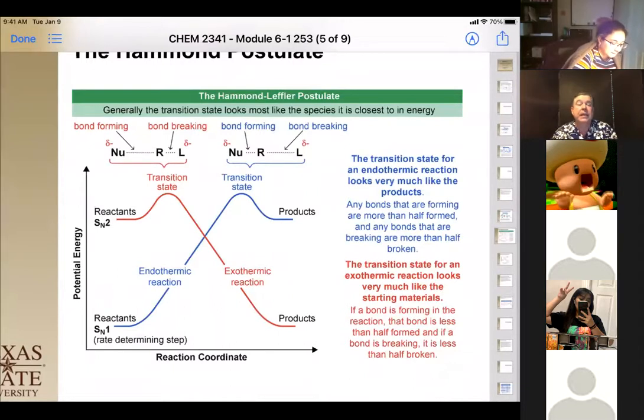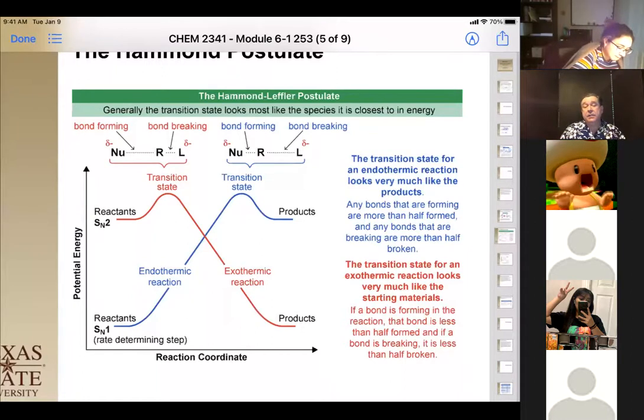Okay, so in the case of the first reaction here in red on the left, we're going to be bond breaking and bond forming at the same time. However, because we're an exothermic reaction, the products have much less energy than the starting materials, which means the transition state is going to look more like the starting materials because we're giving off a whole bunch of energy in the end.